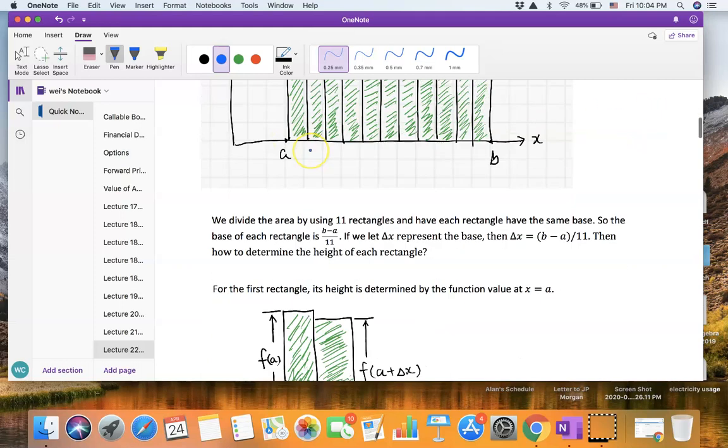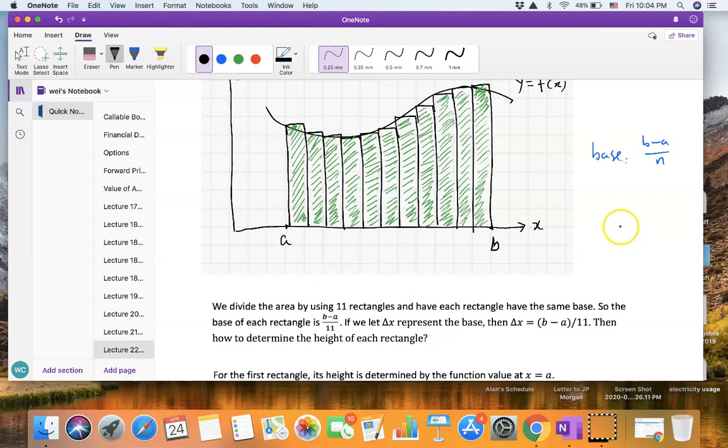So what does this mean? Suppose here is the graph, right? And this is a. By the way, if the base of each rectangle is equal to delta x, then the difference between a and this point is delta x, right?